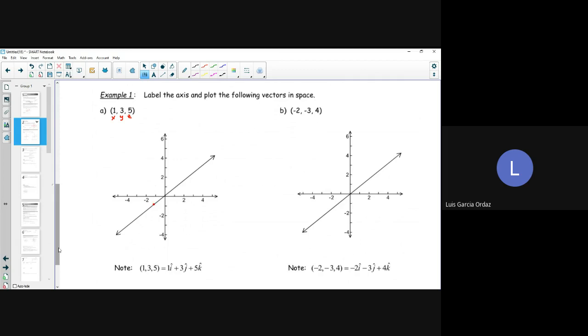That's going to be my x value, which is (1, 0, 0). My next point we can plot is my y value, which is 3, which can be represented over here. So this is going to be (0, 3, 0). And my last point is going to be 5, which is my z. So this is going to be (0, 0, 5).